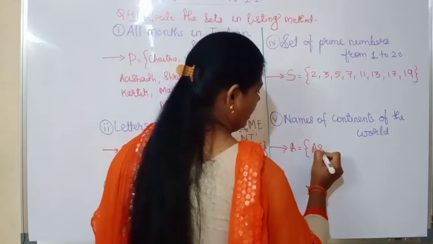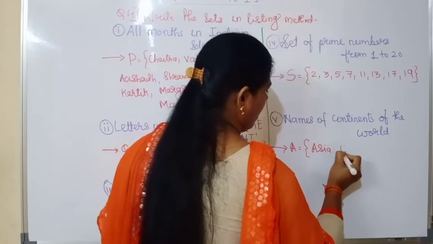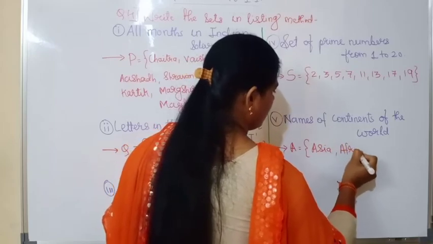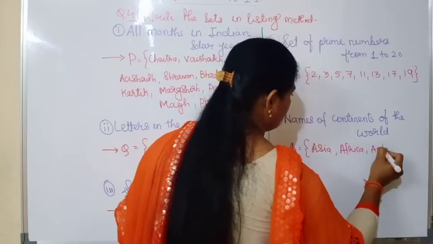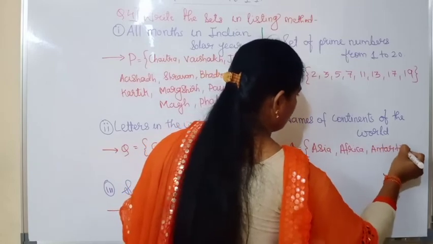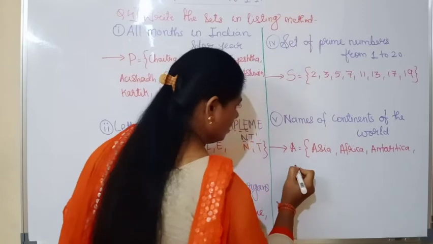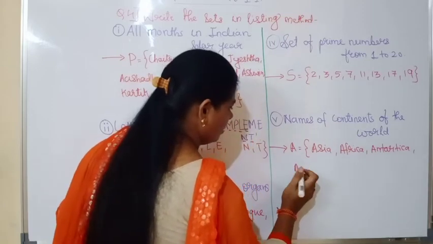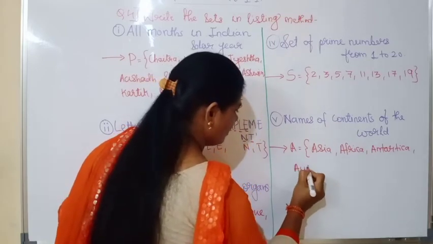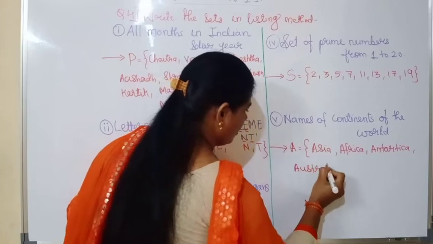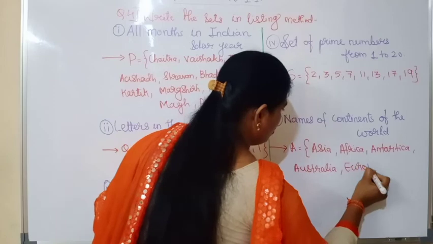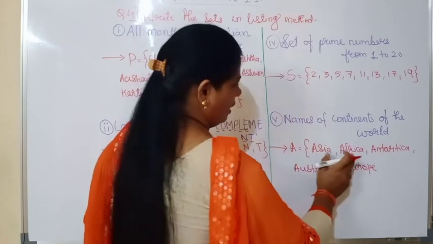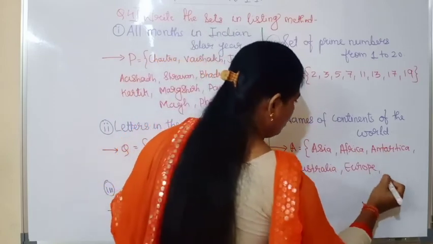That is Asia, Africa, okay, then Antarctica, then Australia, Europe, and 2 more are there. We have finished 5. 1, 2, 3, 4, 5. 2 more are there.